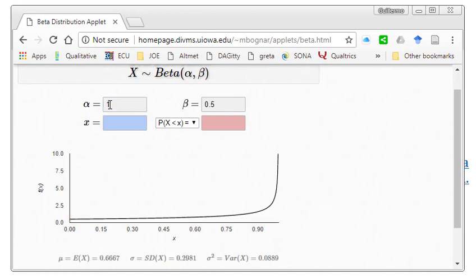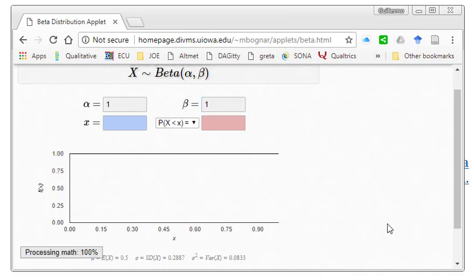When I change the value of one of them and they are not the same value, the distribution loses its symmetry. Now if I put 1 and 1, it's going to be like a continuous uniform distribution. It gives a density of 1 to all the values.